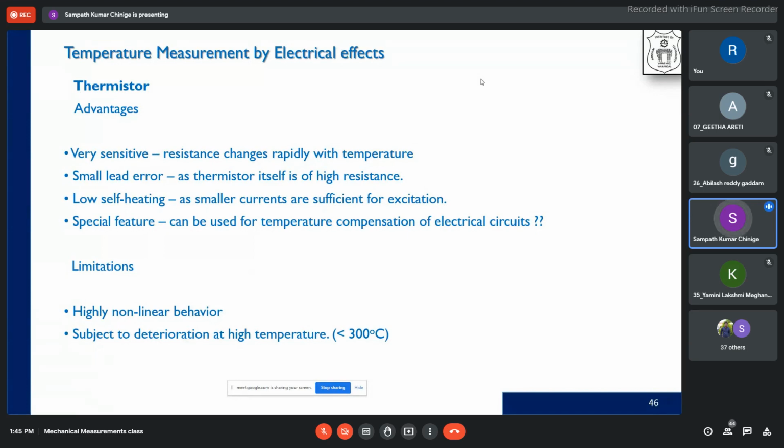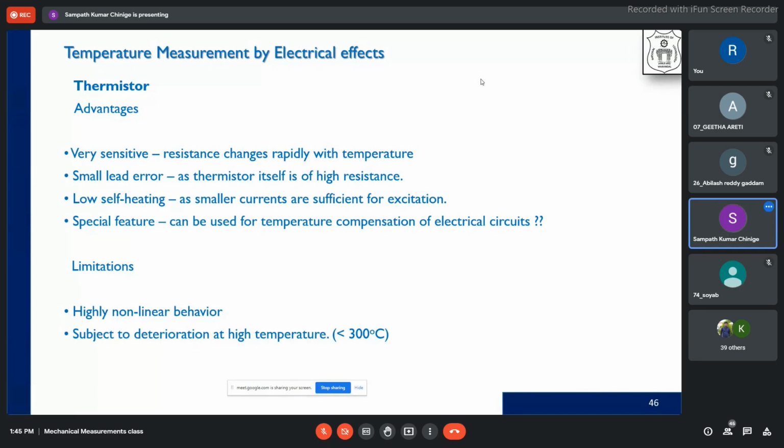Small lead error, as the thermistor itself is of high resistance. So basically the lead errors are low. We don't require 3 lead wire compensation or 4 lead wire compensation, as it has higher resistance. It also has low self-heating, as smaller currents are sufficient for excitation.